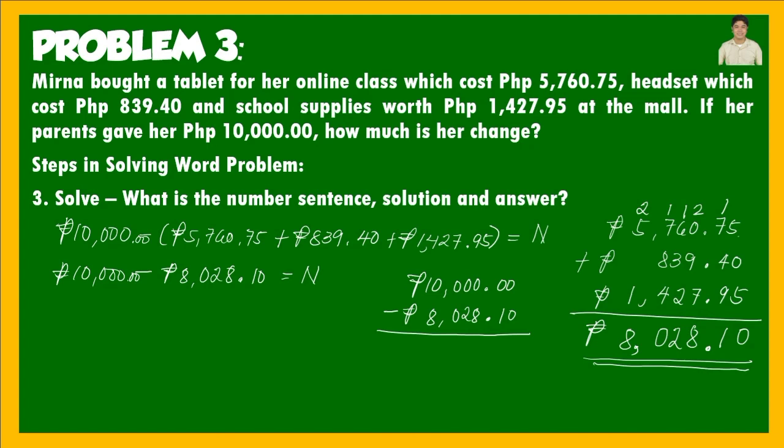So, 0 minus 0, we have 0. 0 minus 1. So, hindi pwede. So, kailangan po nating maghiram. So, dito, ang mangyayari, pag naghiram tayo dito, 0, magiging 9 na lang po yan.